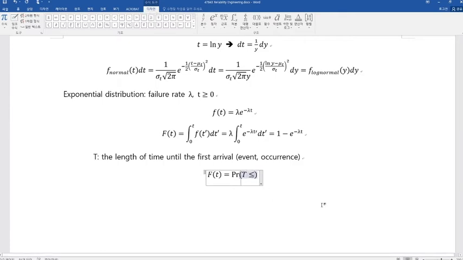So if this is smaller than or equal to the time of interest, that means at time t, this event or this failure already occurred. And we would like to calculate the probability that this event occurs prior to this time t. And in fact, that is the definition of cumulative distribution function.